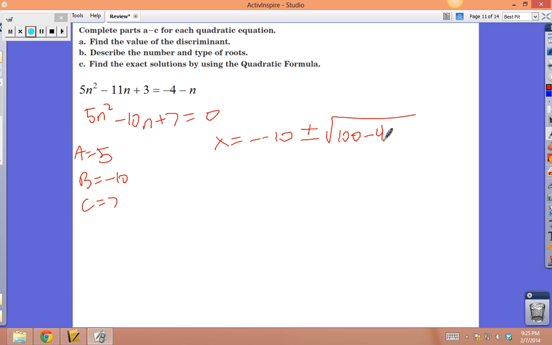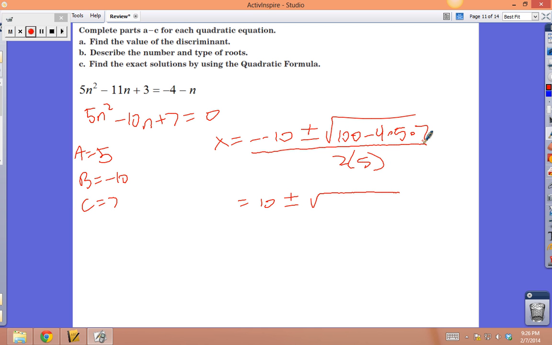Minus 4 times a times c, all divided by 2 times a. Alright, so move number 1, a negative 10 is plus 10. And then under the square root, 100 minus 20 times 7.